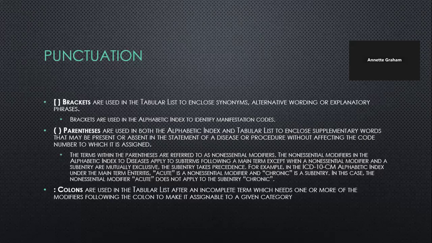Now, there are some diagnosis codes that are acute on chronic, and in those cases, that's a combination code that encompasses both the acute and the chronic of that particular diagnosis. And lastly, on this slide, we're going to cover colons. These are used in the tabular list after an incomplete term, which needs one or more of the modifiers following the colon to make it assignable to a given category.